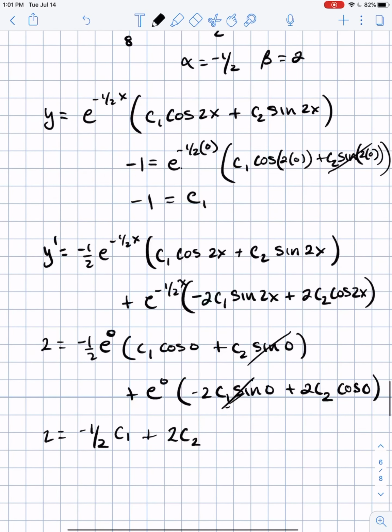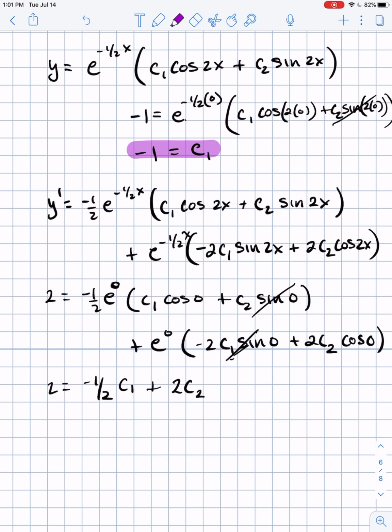We already knew c1 was negative 1, so that gives me 2 equals 1/2 plus 2c2, so 3/2 equals 2c2, and c2 is 3/4.